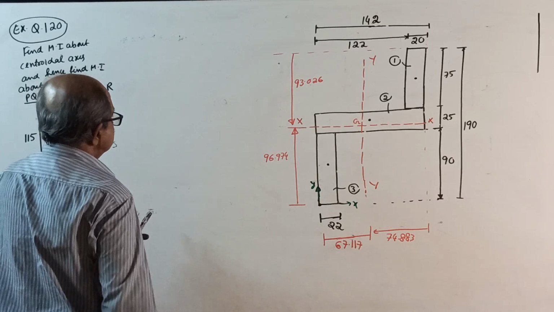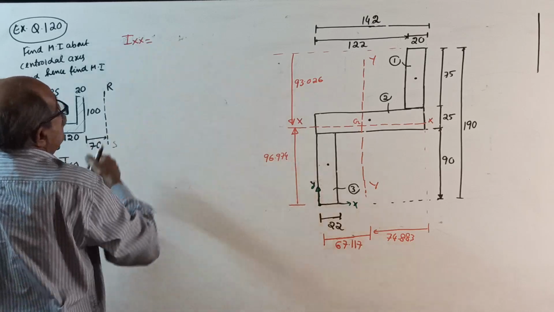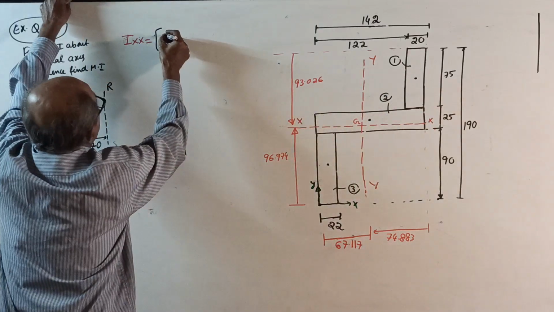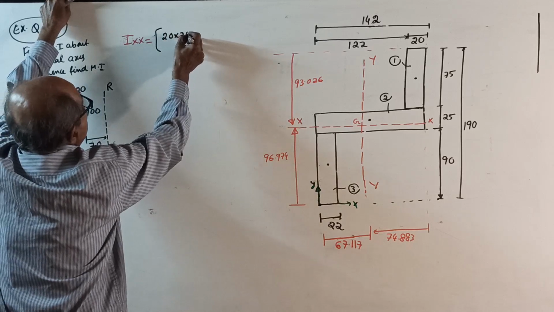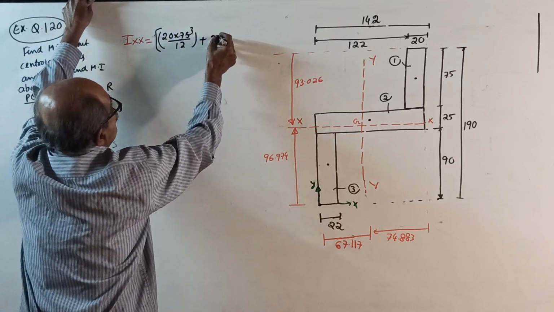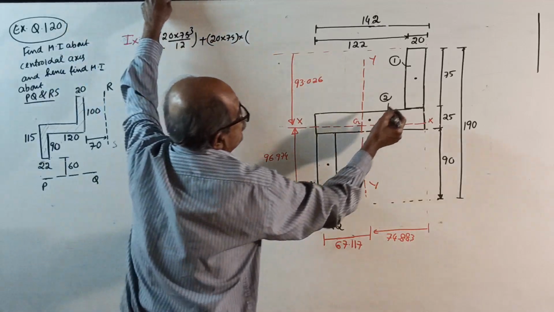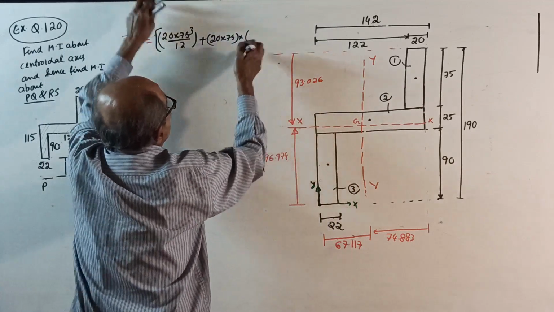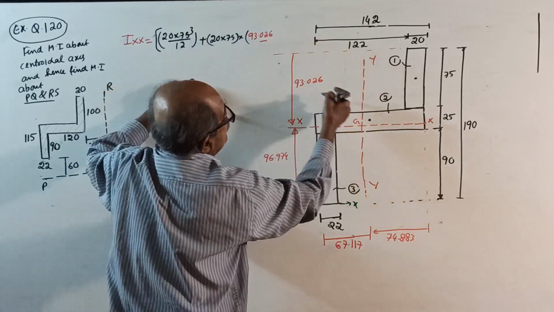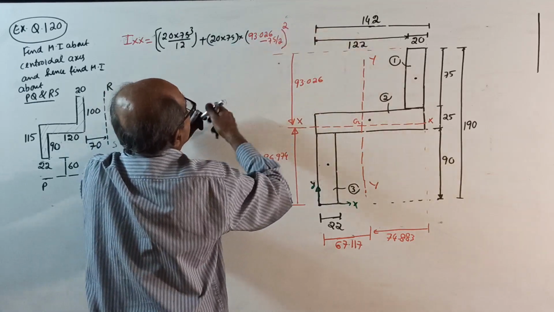I'll start here. I about XX equals, see correctly what I am doing. Start from there: 20 into 75 cube by 12, Ig, plus area, which is 20 into 75, into centroid distance 93.026 minus 75 by 2, whole square, for the first one.